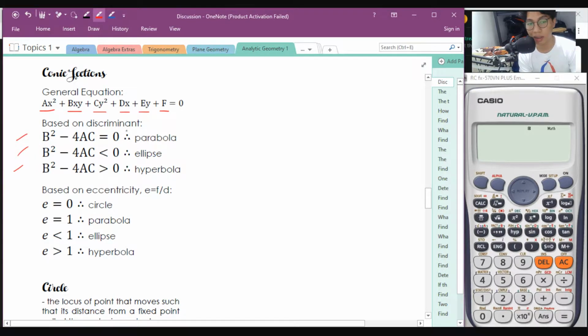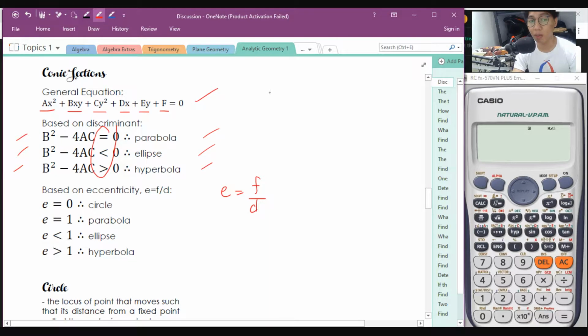At pag nag-agree sila dito sa mga conditions na to, sa inequalities na yan at equality, you can say that a conic section will be a parabola, ellipse, and hyperbola. Now, kapag naman based on eccentricity, where eccentricity is given by the formula E is equal to F over D, doon pa rin natin ibabasa sa general equation.